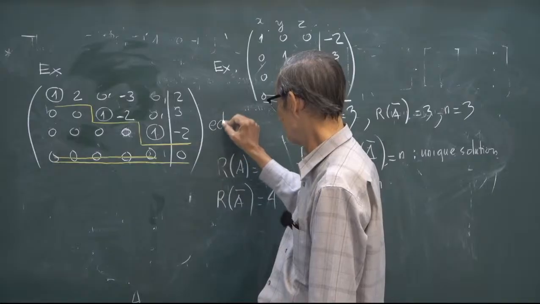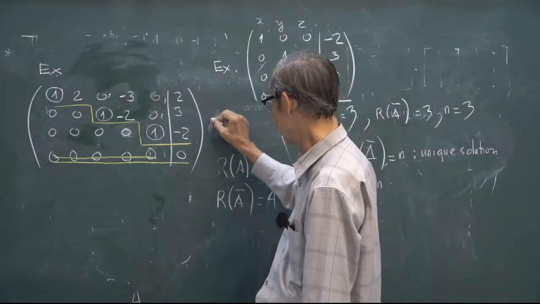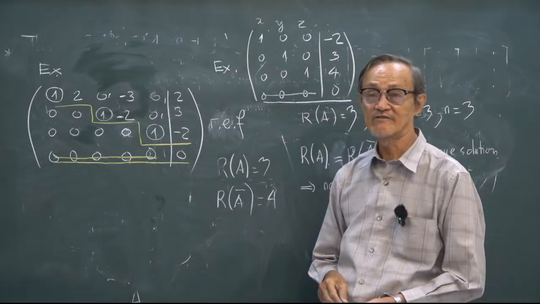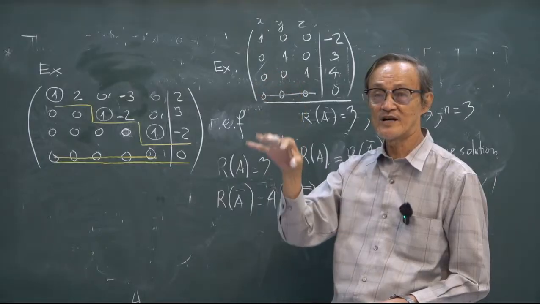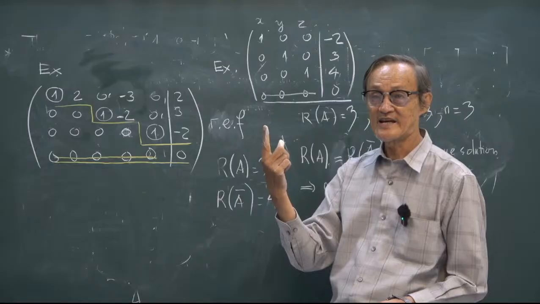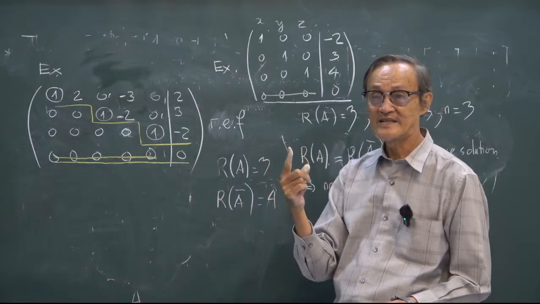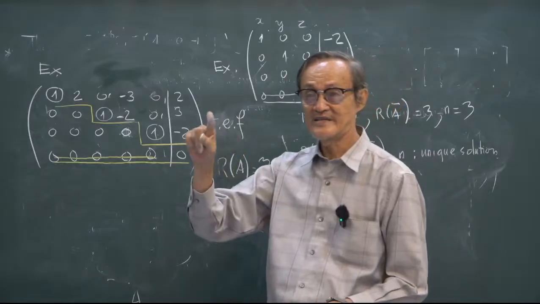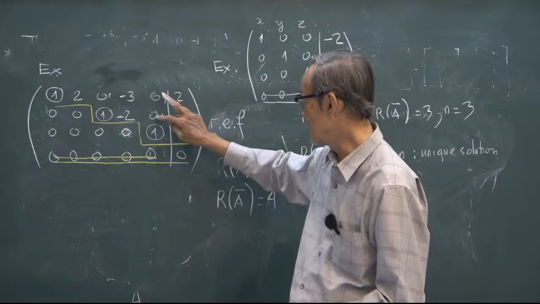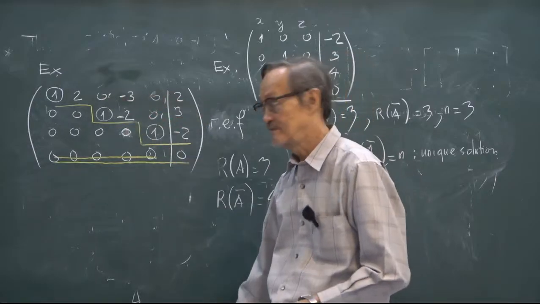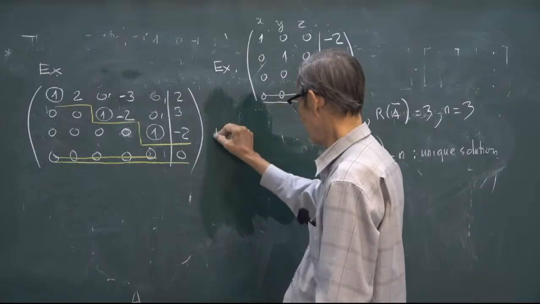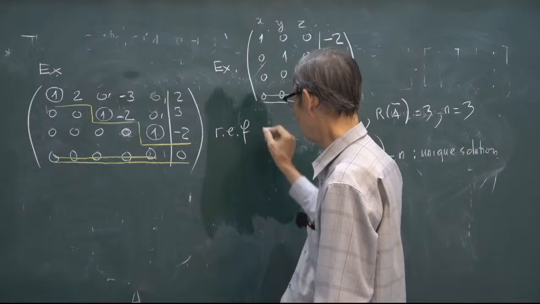This is echelon form, reduced echelon form, with the 0 row at the bottom. This is our reduced echelon form.